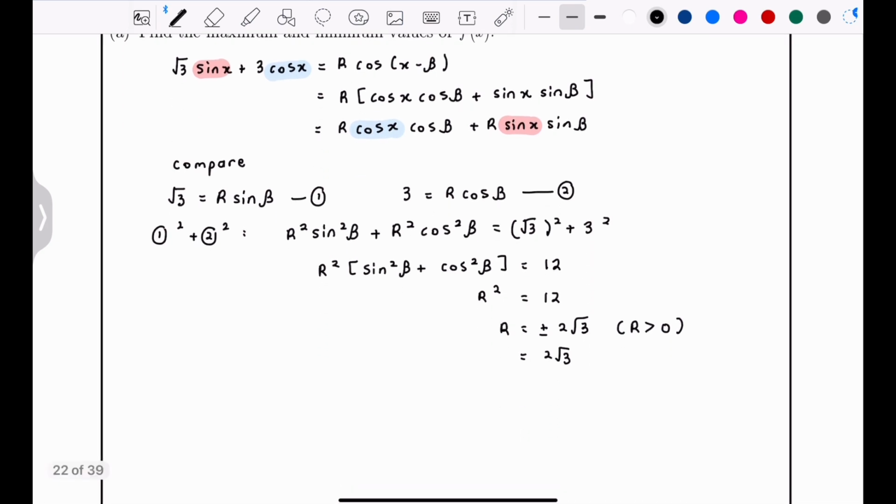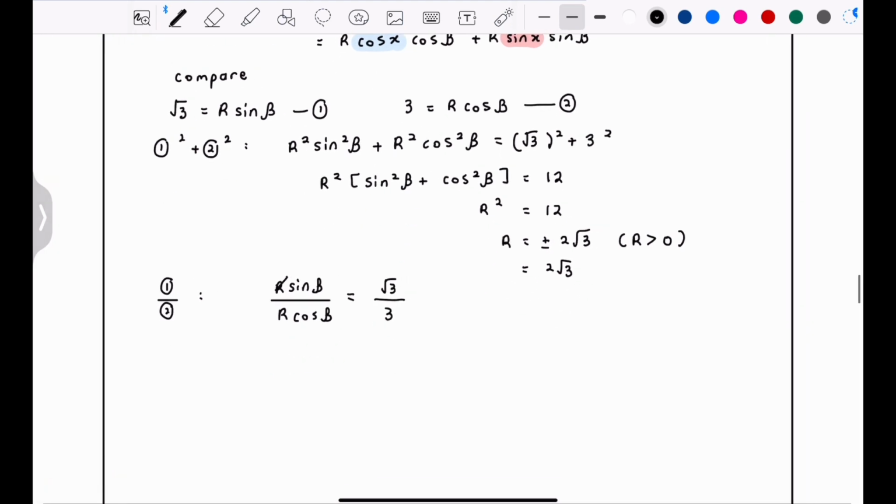Next, to find beta, sin over cos equal to tangent. So we're going to divide equation 1 by equation 2. So r sin beta divided by r cos beta equal to √3 over 3. Eliminate r, sin over cos equal to tan beta equal to √3 over 3.